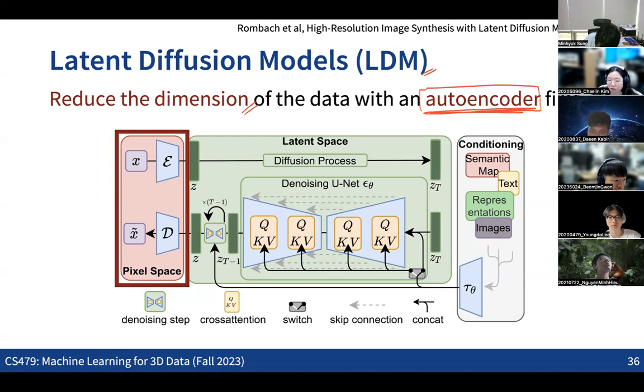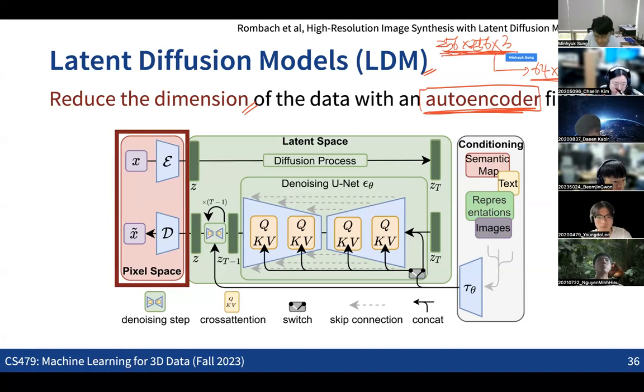For example, if we have a 256 by 256 by 3 image, we map this into a low dimensional space, for example 64 by 64 by 4, or even 32 by 32 by 4. So we are downscaling the images. But this doesn't mean just decreasing the resolution of the images.